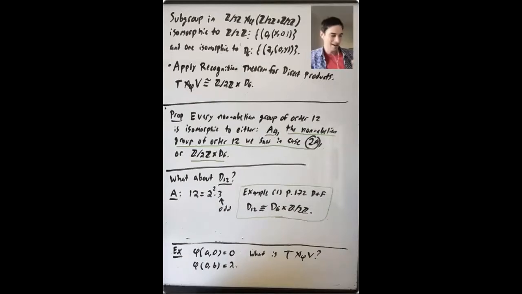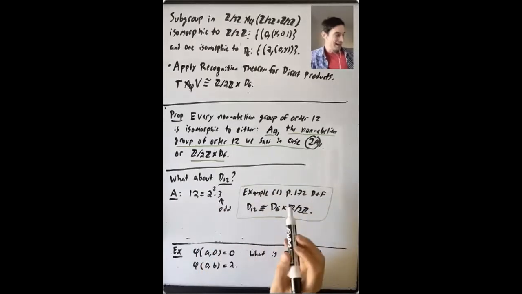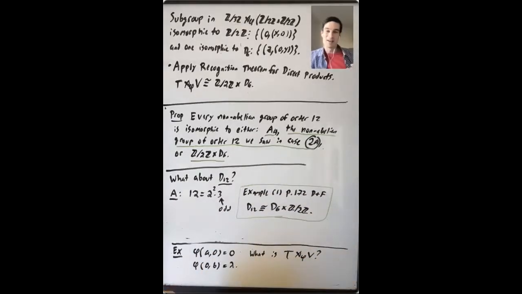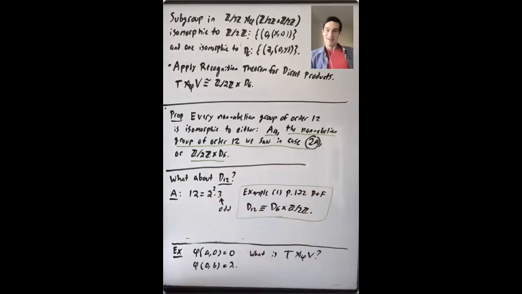But why is that? Well, 12 is 2 squared times an odd number. So 12 is 4 times n, where n is an odd number. And in example 1 on page 172 of Dummit and Foote, where we talked about the recognition theorem for direct products, we saw that in this case, D4n was isomorphic to D2n cross Z mod 2Z. So this is one instance of that fact.